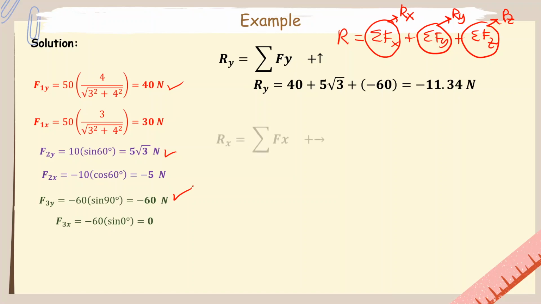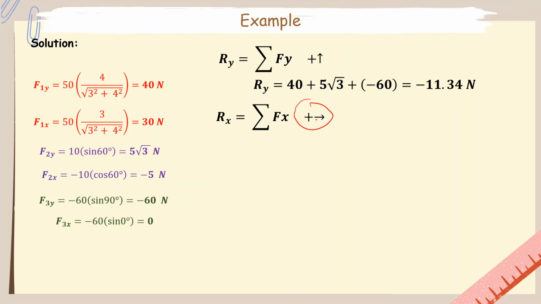Okay, next. Rx naman, summation of Fx, where right forces are positive. Okay, so itong ibig sabihin ha, right forces are positive. Ito, upward forces are positive. So, for Rx, tingnan natin lahat ng mga x. Ito at saka ito. So, 30 minus 5 plus 0.